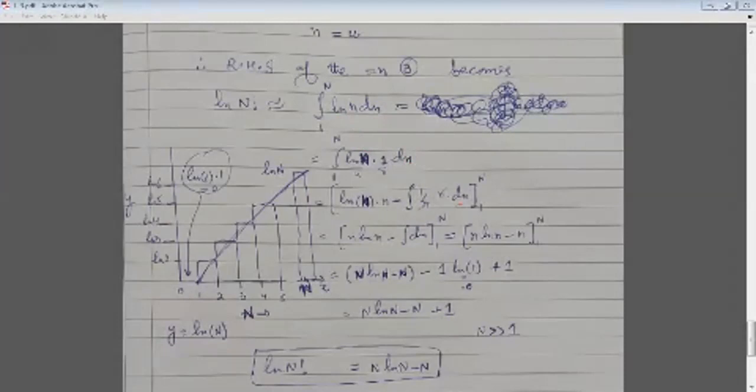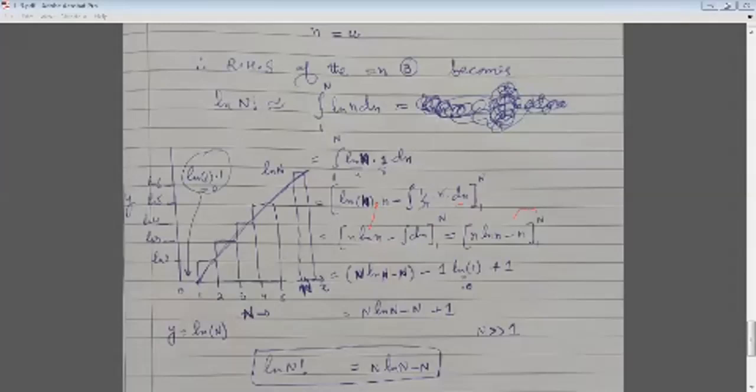So we can write it as n ln n, the natural logarithm of n multiplied by n. This n and n will cancel, and it will remain the integral of dn only, with upper limit N and lower limit 1. The integral of dn will be equal to simply n, so it will be minus n.